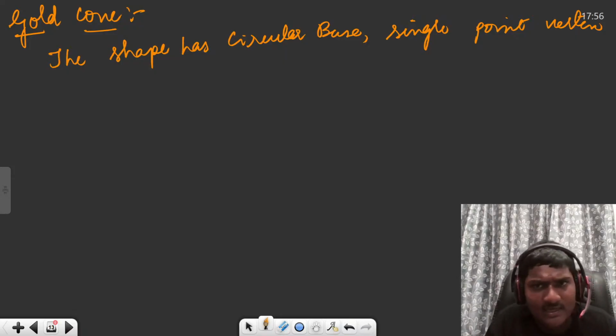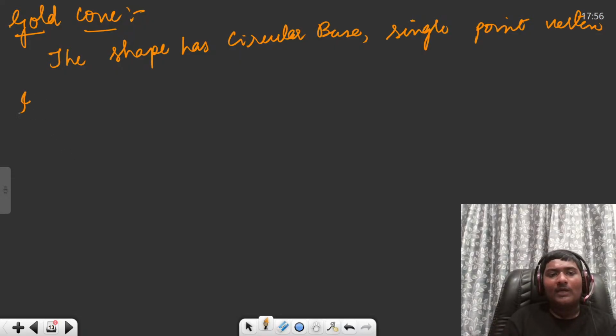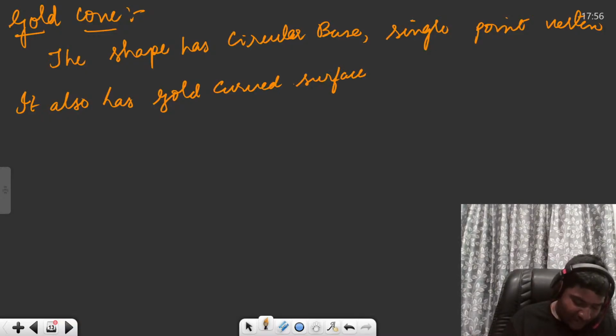The gold cone has a single point vertex, a circular base, and it also has a curved surface and a flat circular surface. As well as the curved surface, we have a circular surface.